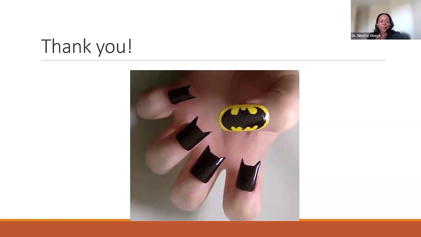Let's see. So Kelly's asking, does nail polish cause a lack of oxygen to the nail? I don't know. I have wondered myself, because I don't generally get manicures. I'm way too paranoid based on all the stuff I see.